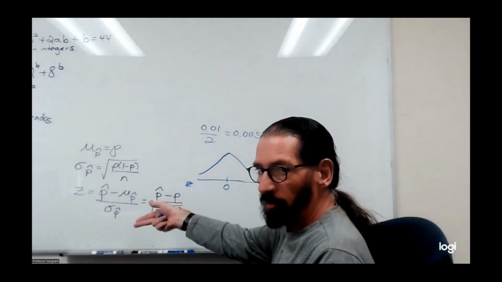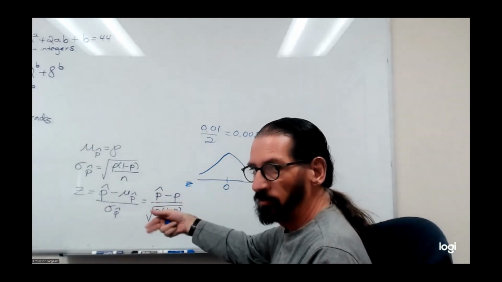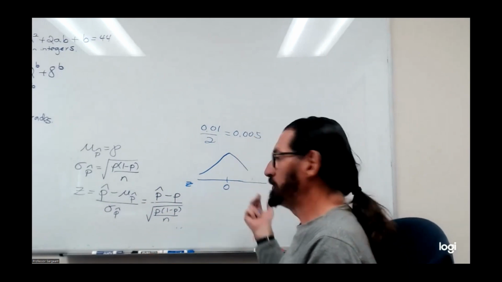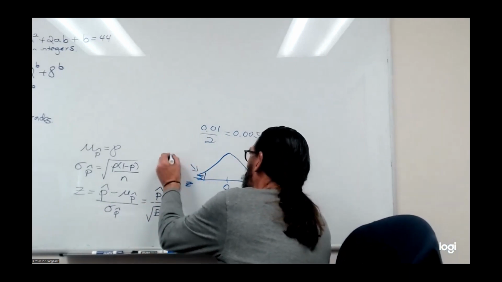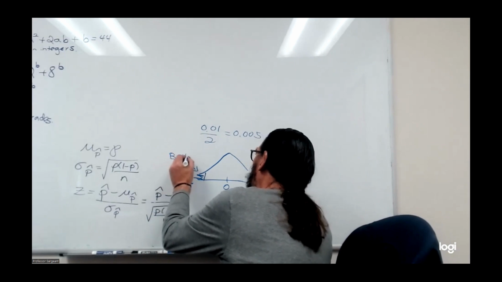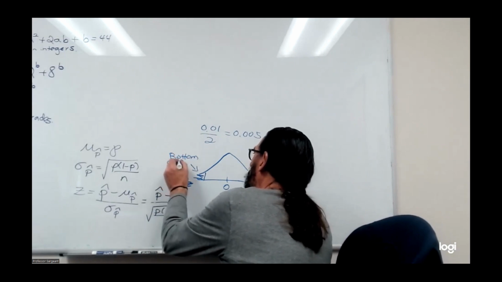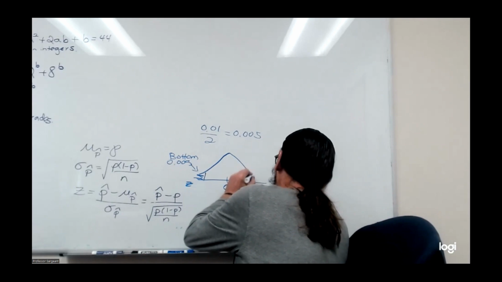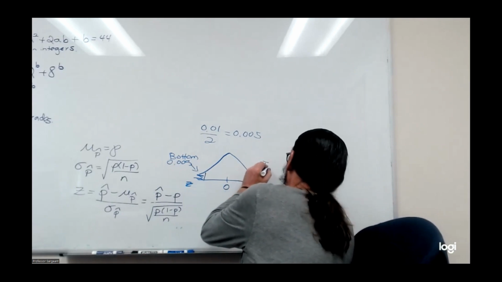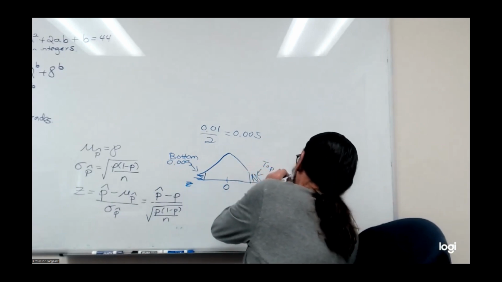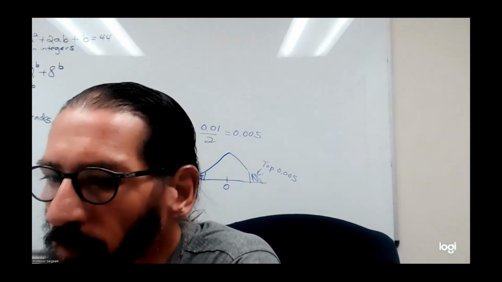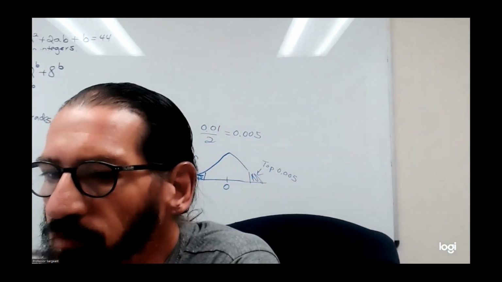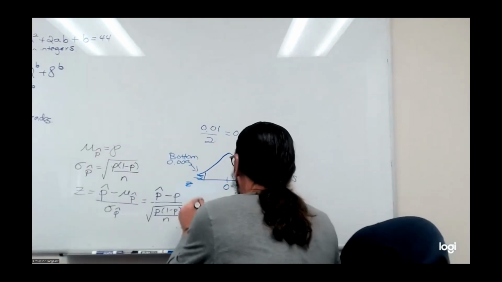Think of that as an area, or if you put that as a percent, 0.5%, or the top 0.5%. And the cutoff score on the left side was the negative 2.58.